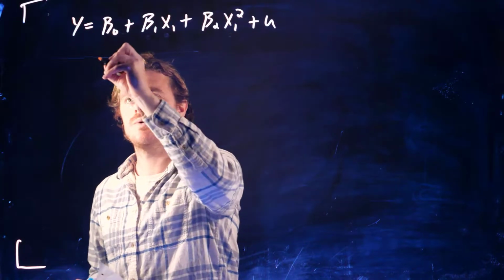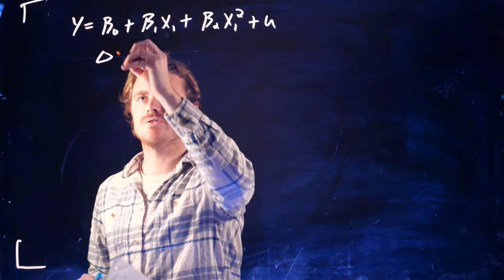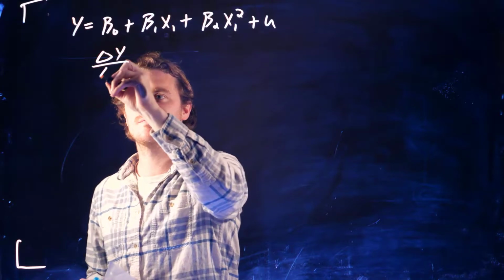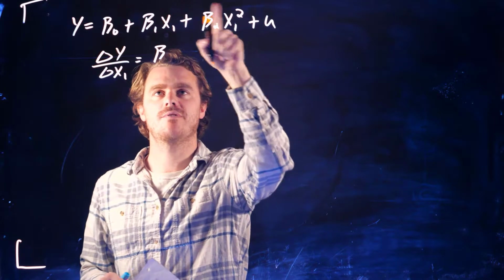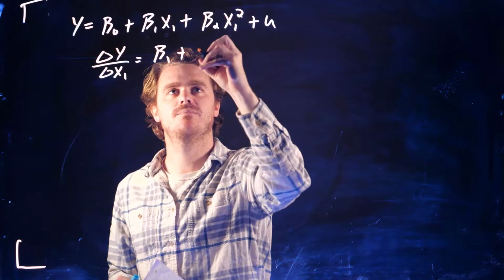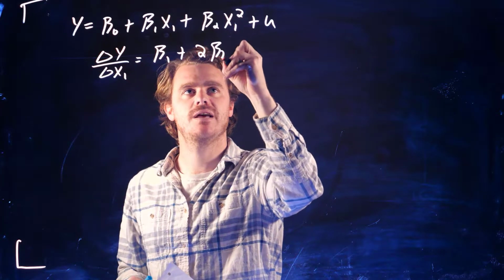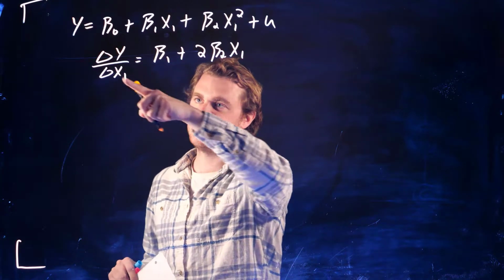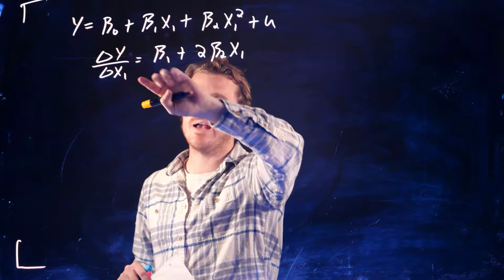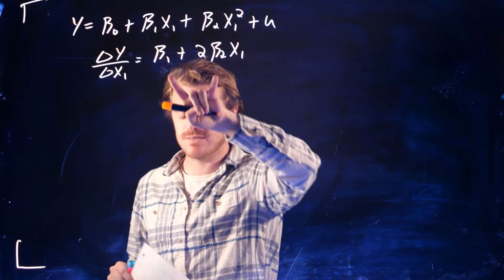So we decided that the change in y from a change in x1, just taking the derivative of this regression, is beta 1 plus 2 times beta 2 times x1. And so this relationship between x1 and y is going to depend on these two signs, right?